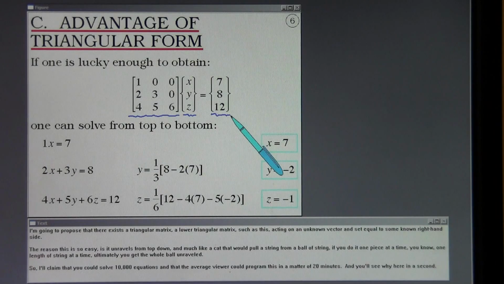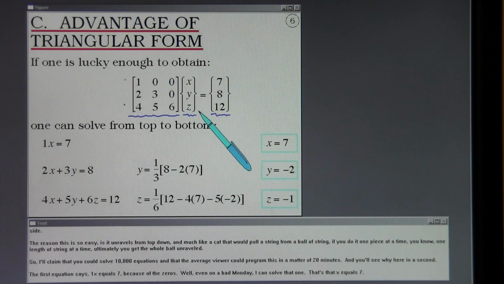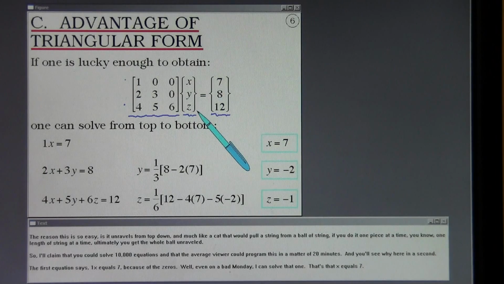The reason this is so easy is it unravels from top down. And much like a cat that would pull a string from a ball of string, if you do it one piece at a time, one length of string at a time, ultimately you get the whole ball unraveled. So I'll claim that you could solve 10,000 equations and that the average viewer could program this in a matter of 20 minutes.